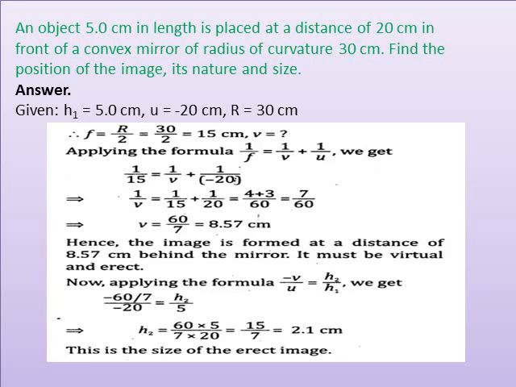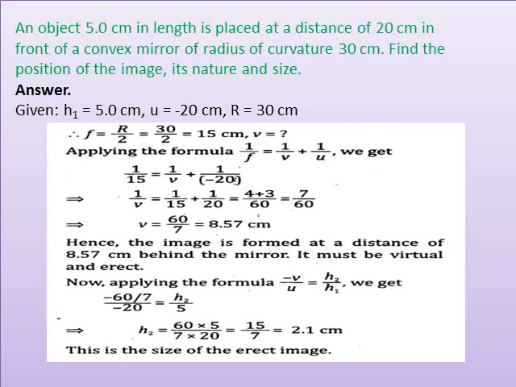And what is the next number given? 30 centimeter. What is this 30 centimeter? Radius of curvature. It is for a convex mirror. Is the radius of curvature on the left side or on the right side? You all know that a convex mirror has the reflecting surface outside and the non-reflecting surface inside.